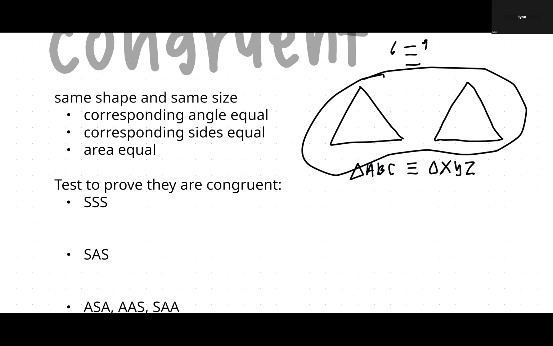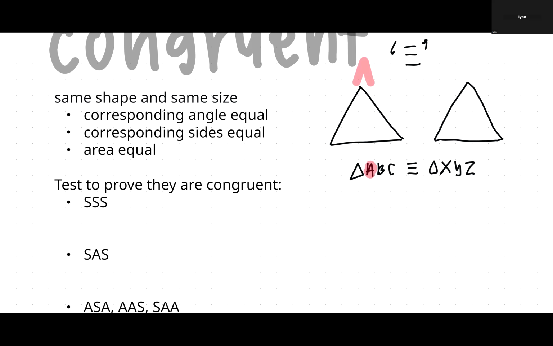So if let's say I have here A, so A matches with who? A matches with X, which means for the next triangle, my X must be at the same position as A. Understand? Next, what alphabet do I have? B, right?